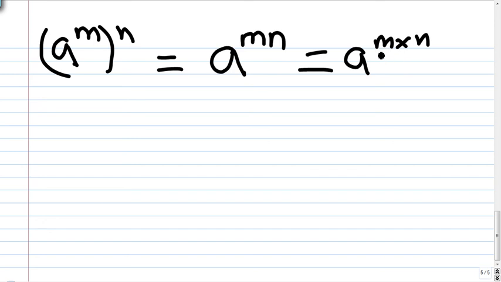You can essentially just multiply m and n to get m times n. It means the same thing, it's understood.